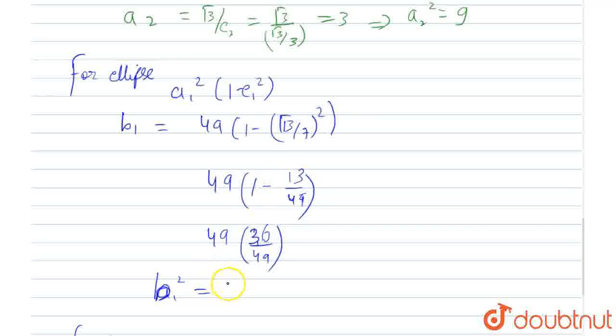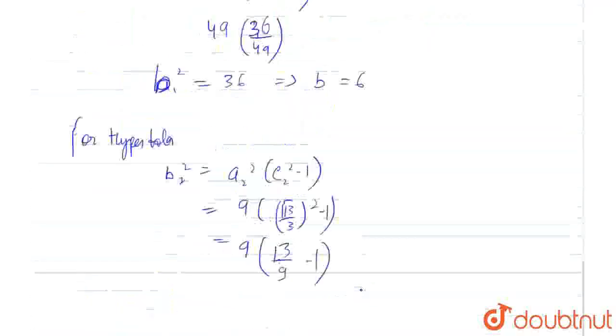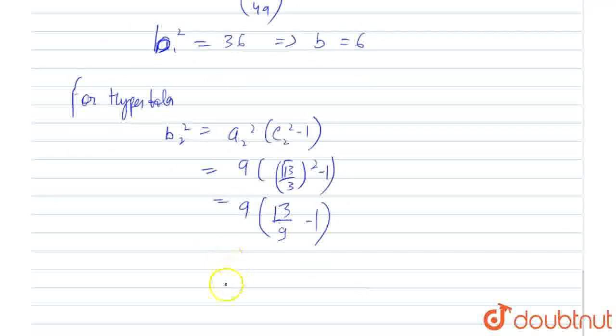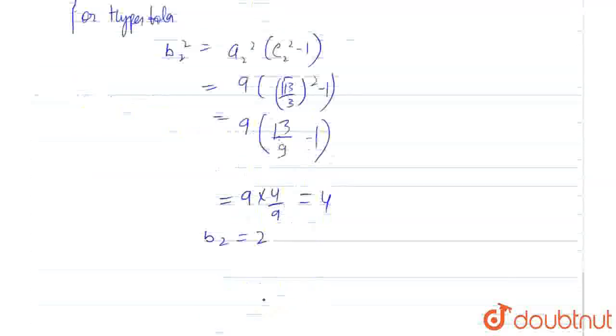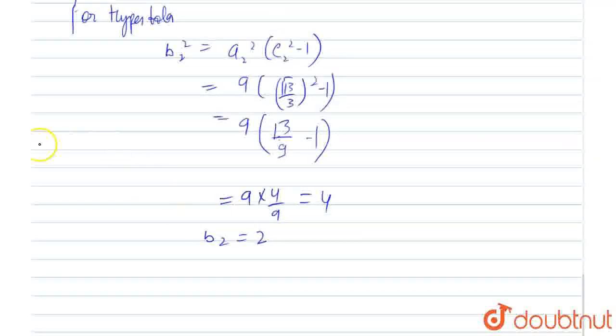That is how this will become 36, and B will become 6. So we just have to change the value of 3 only. Then 9 into 4 upon 9 will be 4, so B2 is equal to 2. That is how we can make the equations again.